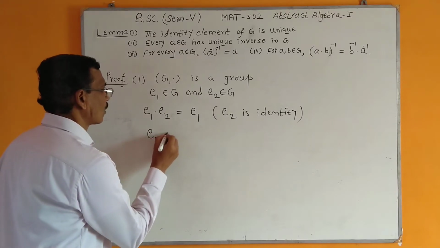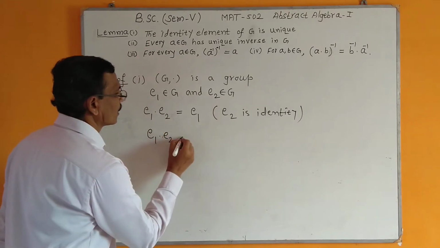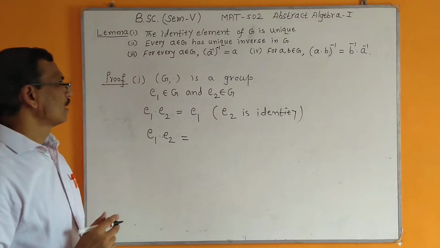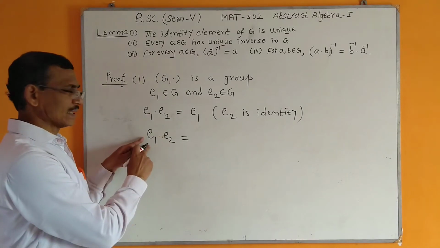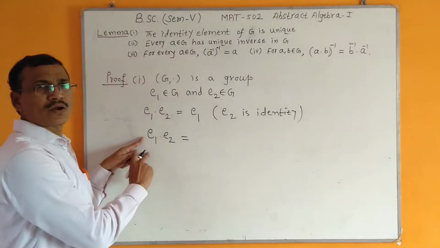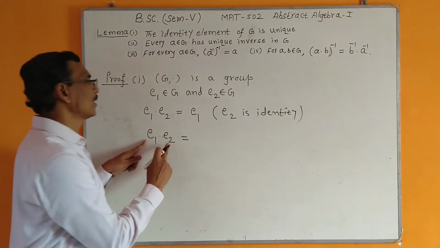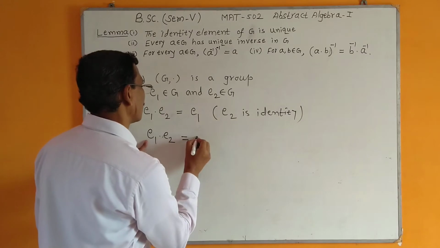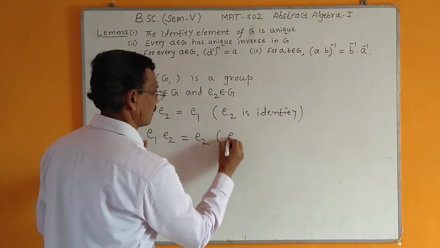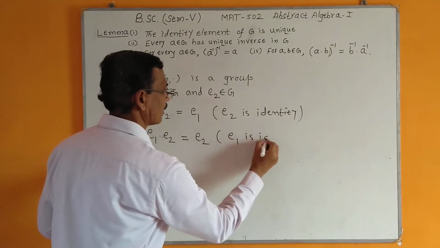Again, e1 · e2: now we shall consider e1 as the identity. Then by the definition of identity element, e1 · e2 will become e2, since e1 is the identity.